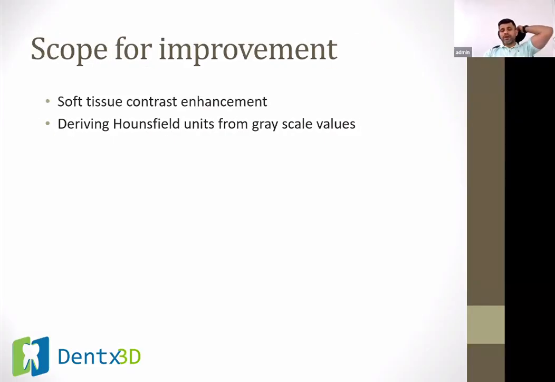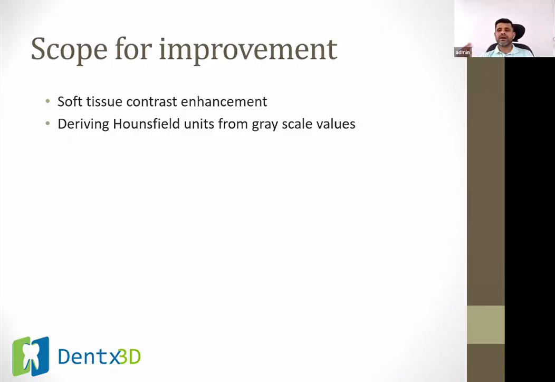So scope for improvement in CBCT would be soft tissue contrast. We get good definition of hard tissue, where we can see enamel, dentine, right? Cortical bone, marrow bone. So there was good contrast. But in the case of soft tissue, it is always gray. We don't know what is inside, how it is, what it is.